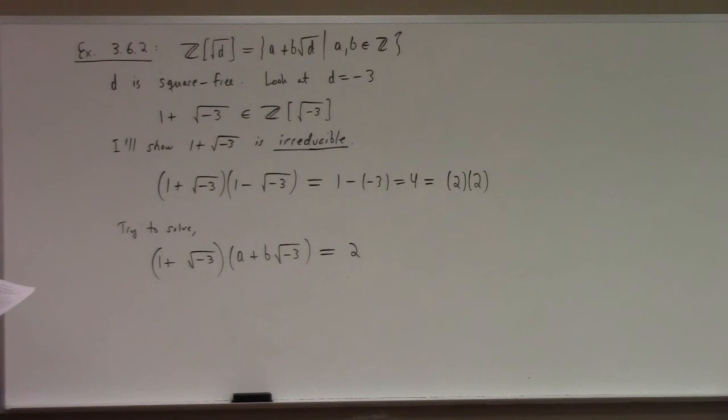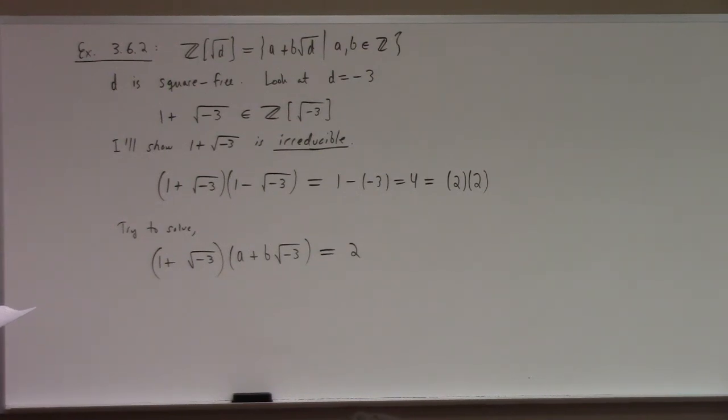Suppose you could find a and b integers such that we had that. So we're assuming it's prime. Well, is that what we're doing? We're trying to show that if no such a and b exists, then it can't possibly be prime, because otherwise it would divide 2.